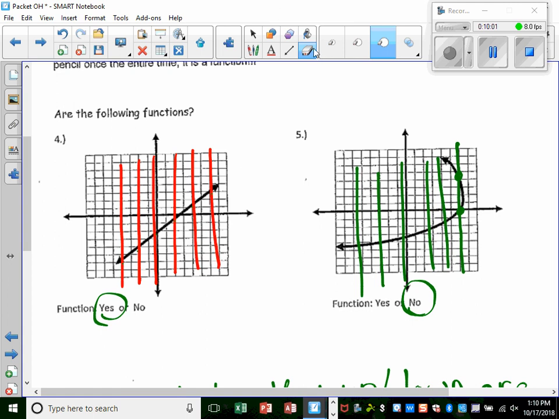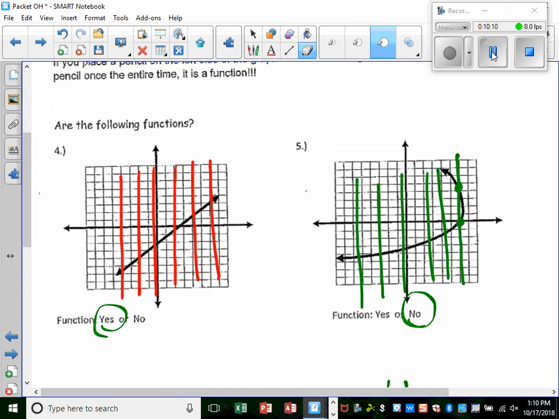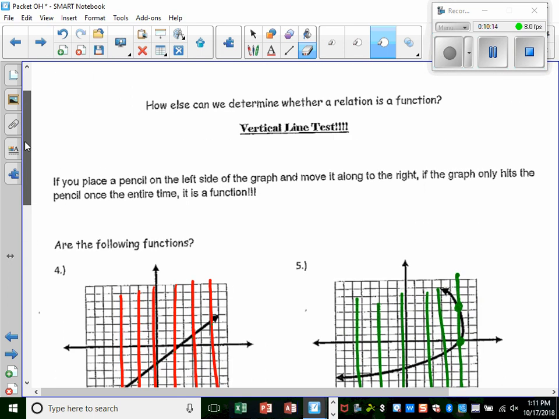So let's just say you don't have a list of relations, you just have a graph. So how do you tell whether or not it's a function? All right, so in question number 4, this is called the vertical line test. And it says, how else can we determine whether a relation is a function?